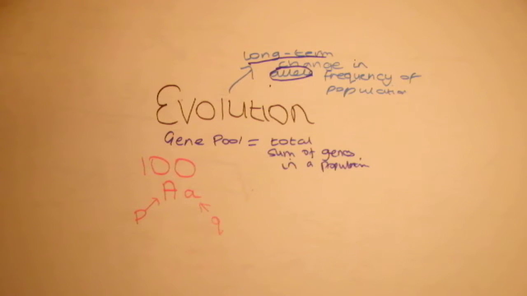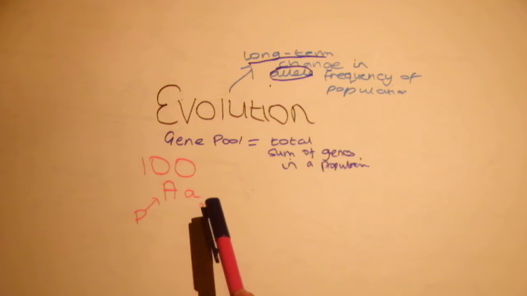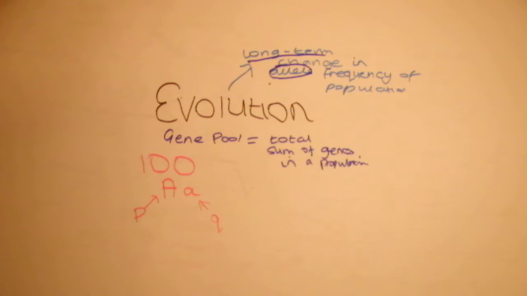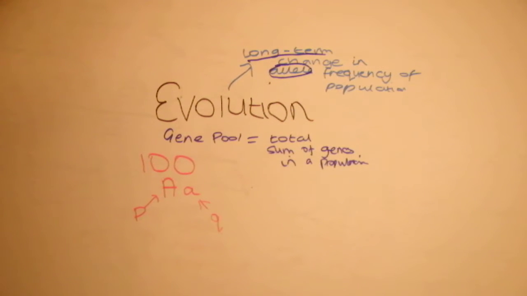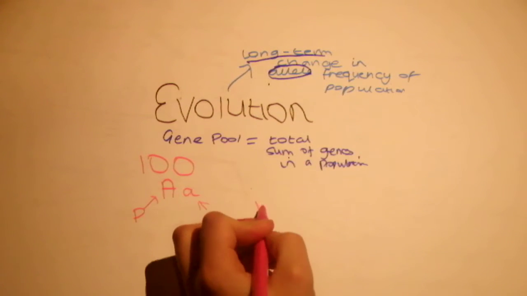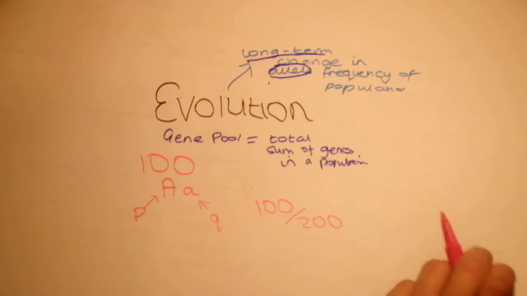So if every gene is heterozygous, which is dominant A, recessive little a, it would be 100 divided by 200, or 50%.